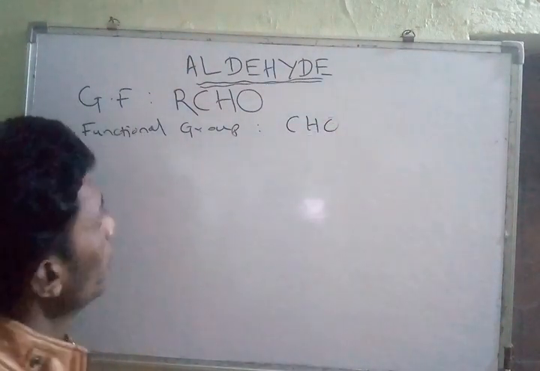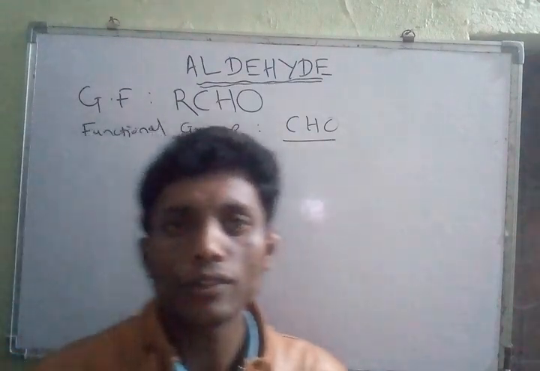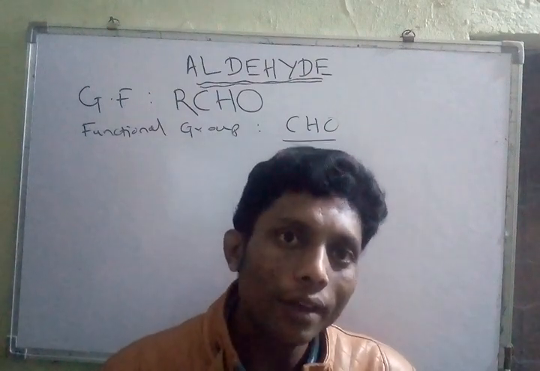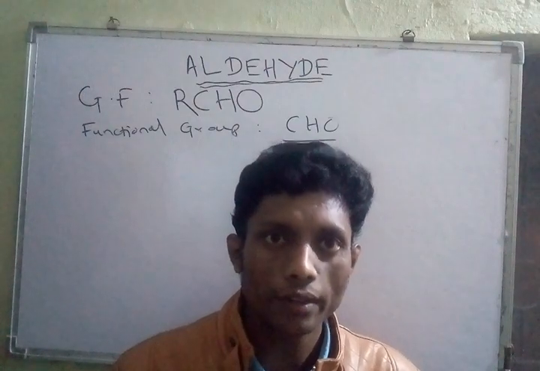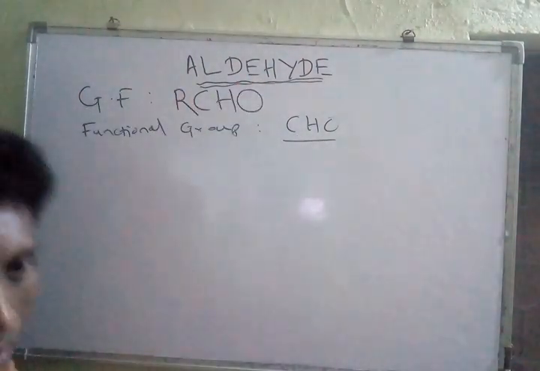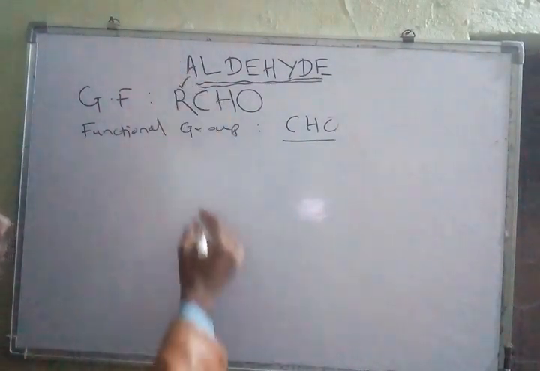Only due to the presence of this group can we identify that this compound is a member of the aldehyde group. That is why the general formula RCHO represents the aldehyde compounds.